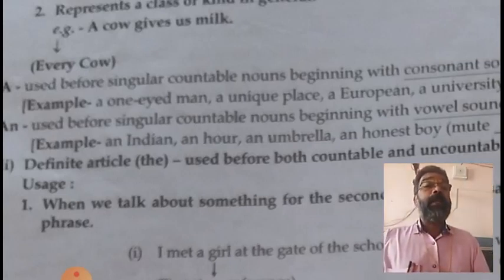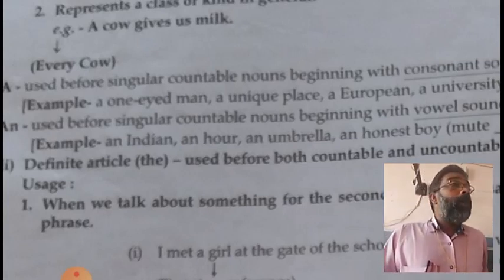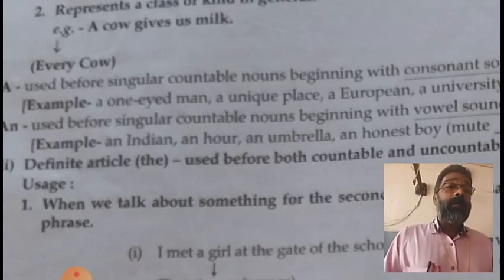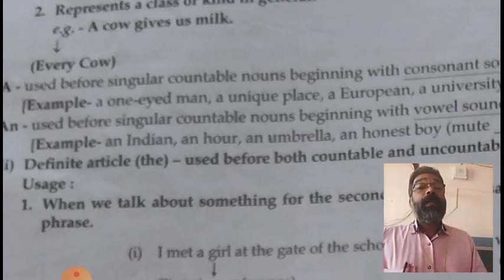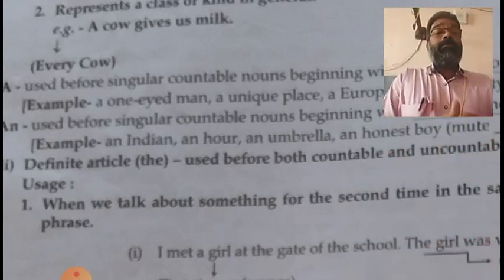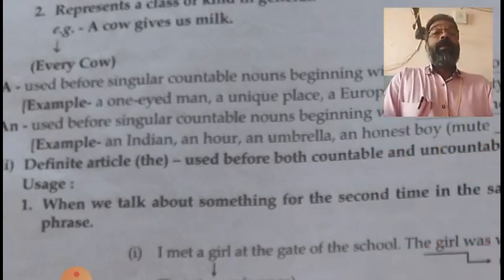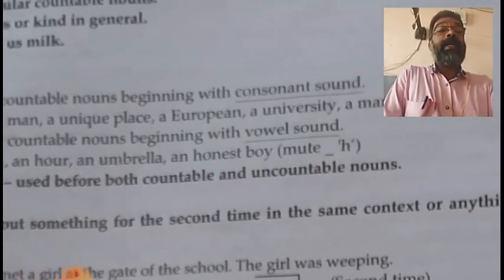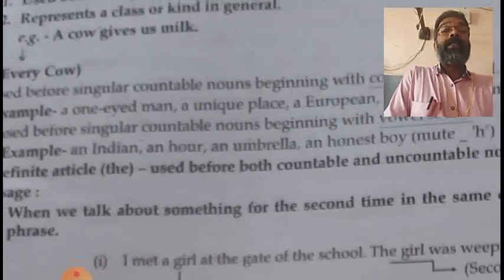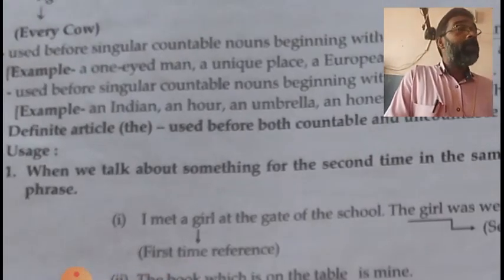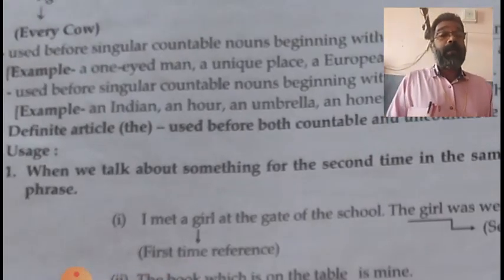The definite article the is used before both countable and uncountable nouns. In countable nouns, before both singular and plural nouns. So let us see the usage of the definite article the. When we talk about something for the second time in the same context, or anything is qualified by a phrase, then we use the definite article the.